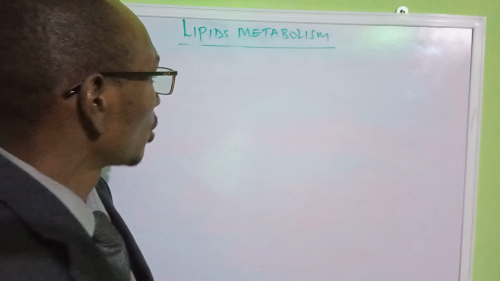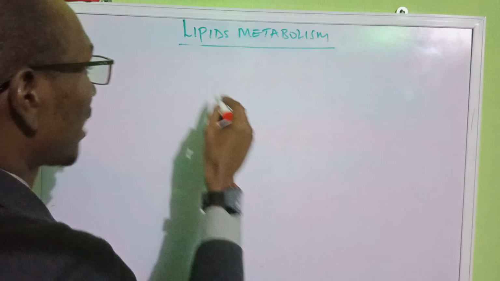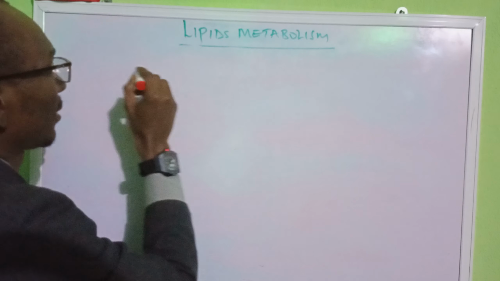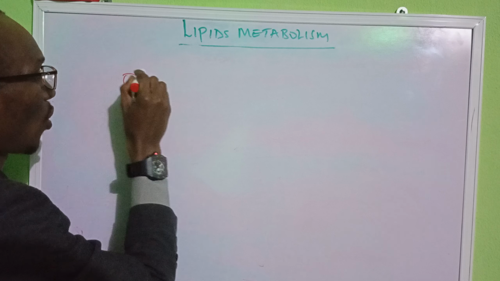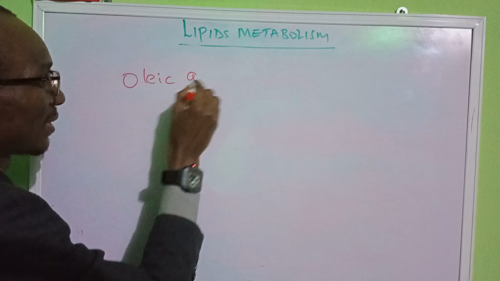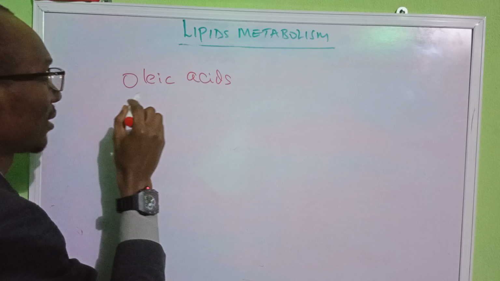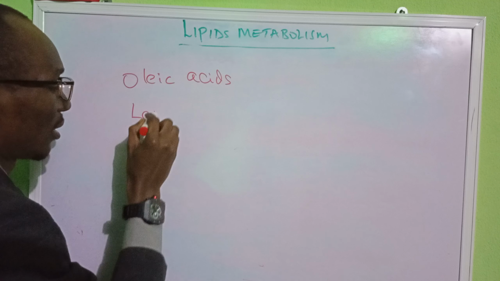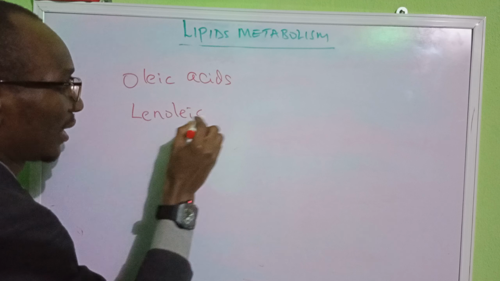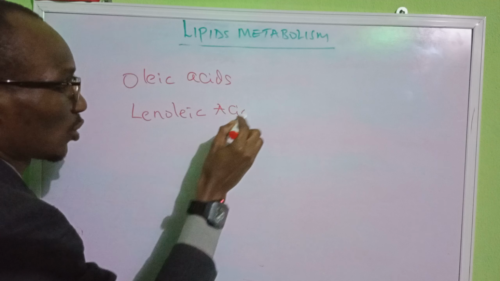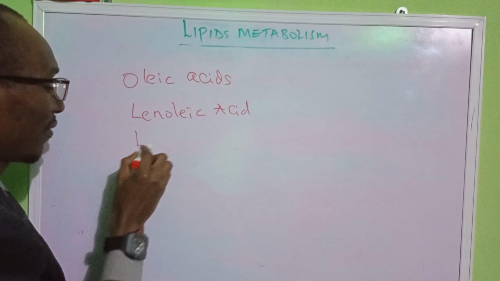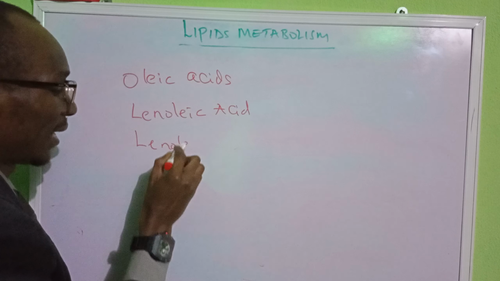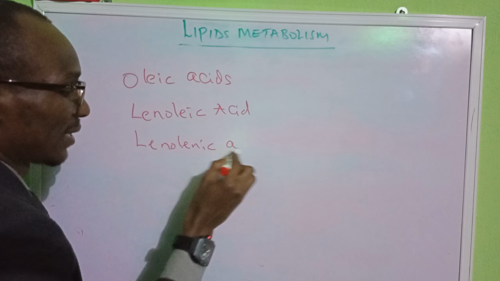Now, talking about unsaturated fatty acid, we have examples like oleic acid. This is an example of that. We have linoleic acid. It is also an example of it. We have linolenic acid.